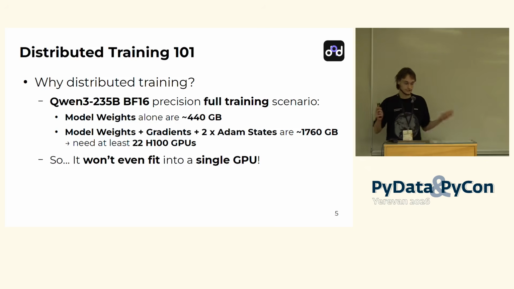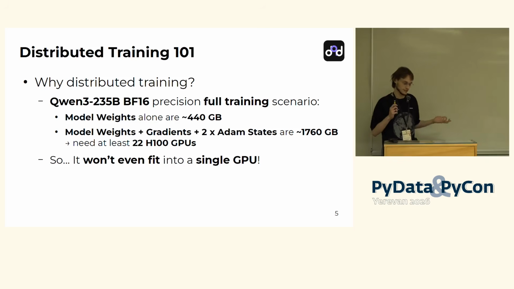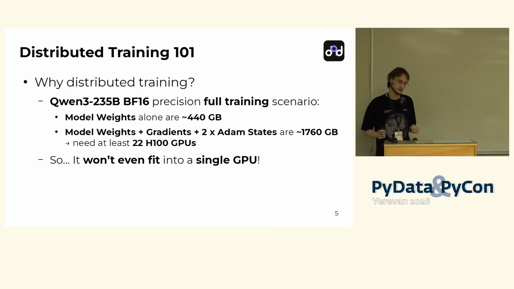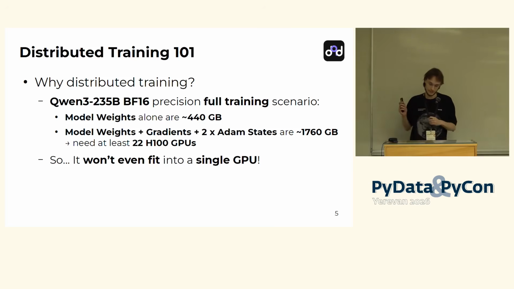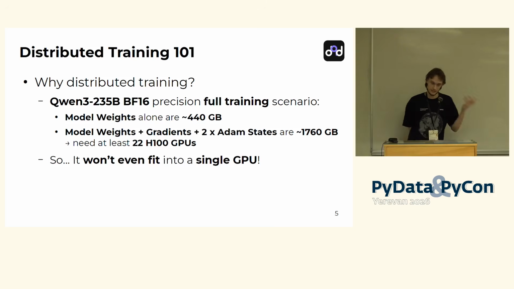So, why do we ever need distributed training? Let's take a Qwen3 235 billion parameters model, and let's talk about training it in 16 bits precision in a full training scenario. So we either pre-train it or just do fine-tuning without LoRA adapters. The model weights alone need just under 500 gigabytes of video memory.